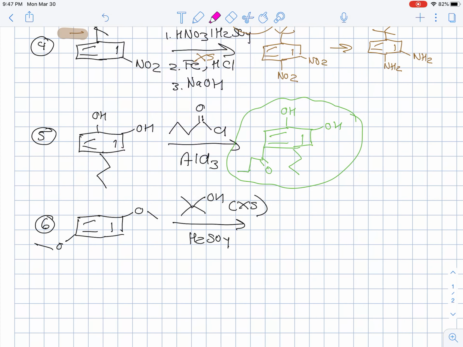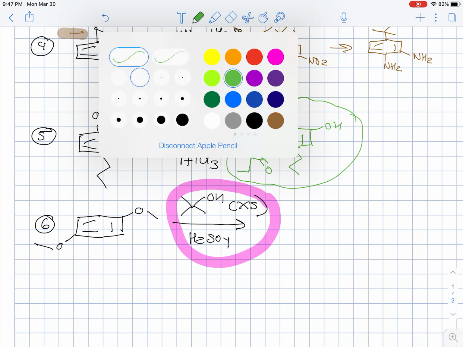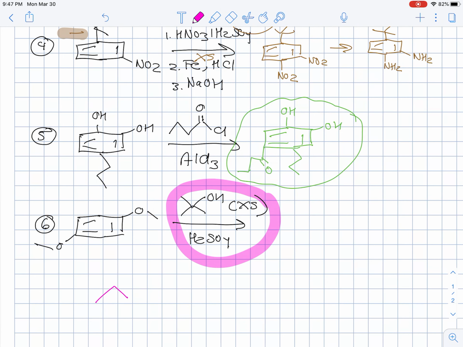What these reagents are going to do is, if we use some of our previous chemistry, we're going to protonate that alcohol, which turns it into a better leaving group, and then it's going to leave.